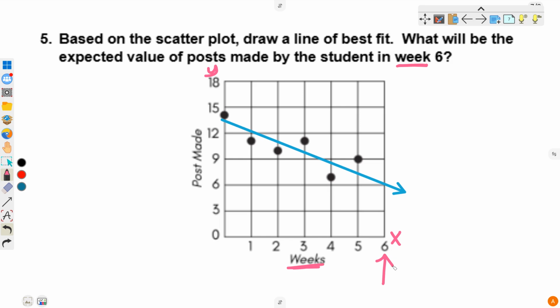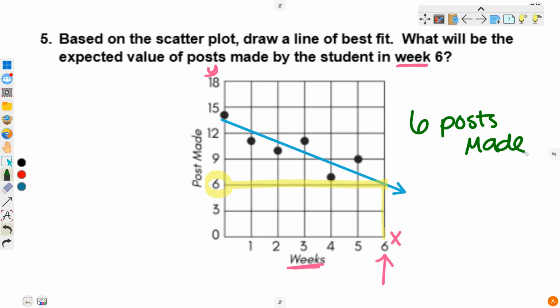So week 6, if I go on my line, and I go up, I hit my graph right here, right? So if I come over, where is that? Okay? That would be at 6 posts made. So the expected value of posts made by the student in week 6, I could say about 6 posts made. Okay?